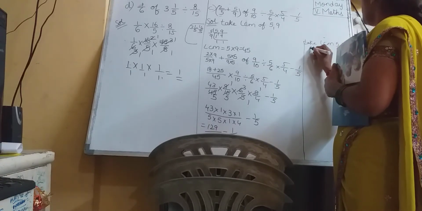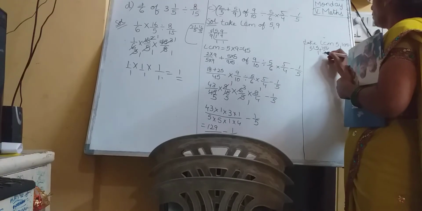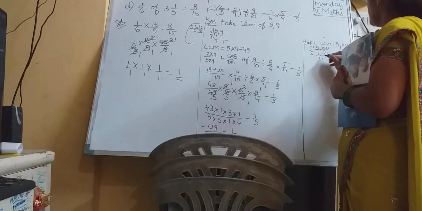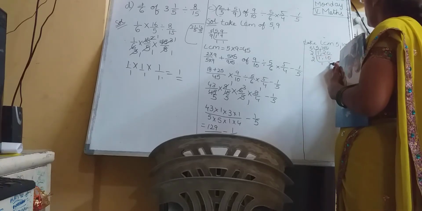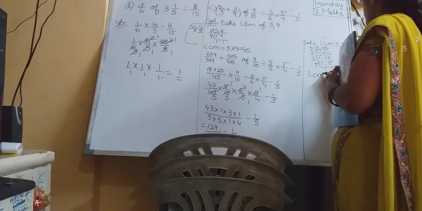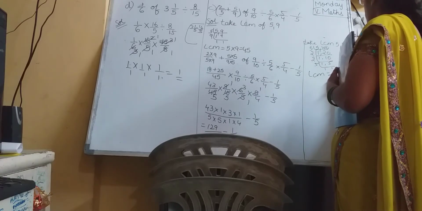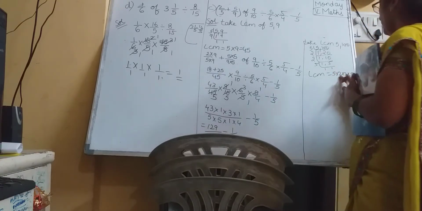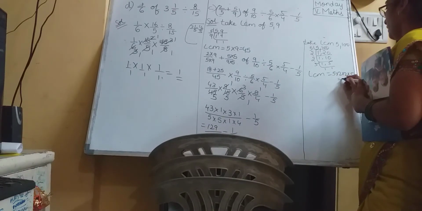Okay, 5, 100. In the 5 table, 5 ones are 5, 5 twos are 10. Again in the 2 table, 2 fives are 10, again 2 table, 2 twos are 4... LCM is equal to 5 into 2 into 2 into 5. 5 twos are 10, 10 twos are 20, 20 fives are 100.